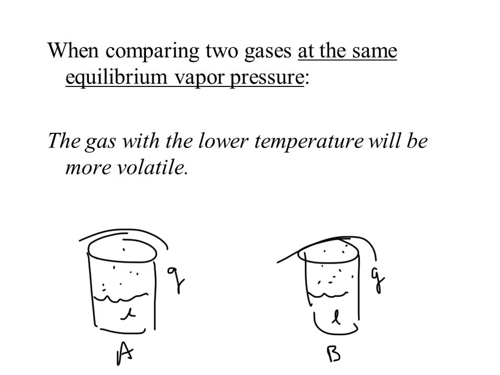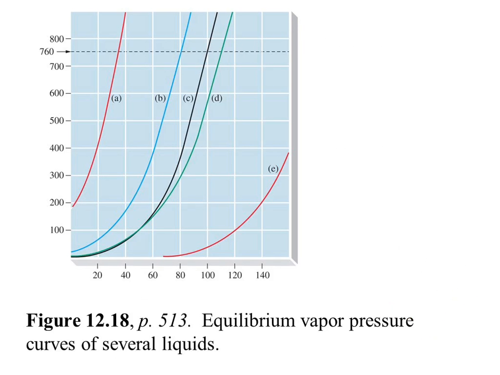So in order to pull this off, I would need to lower the temperature because it's more volatile. That's relative volatility, and it's definitely an indication of those intermolecular bonds.